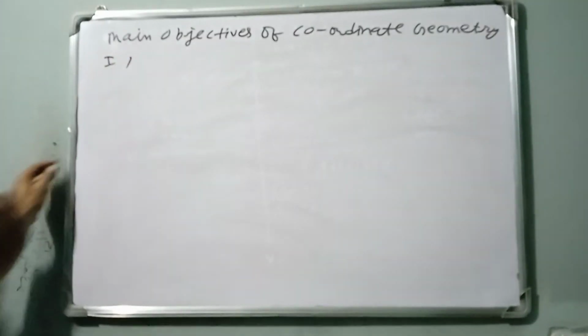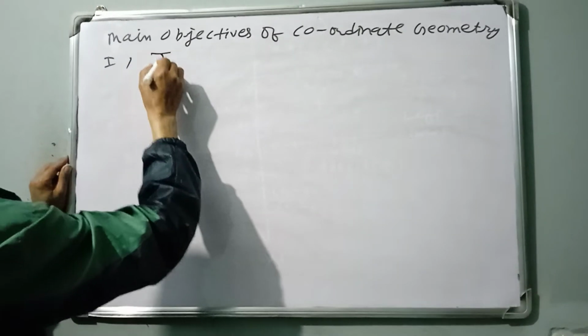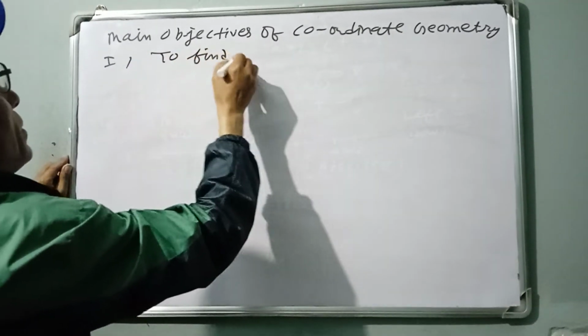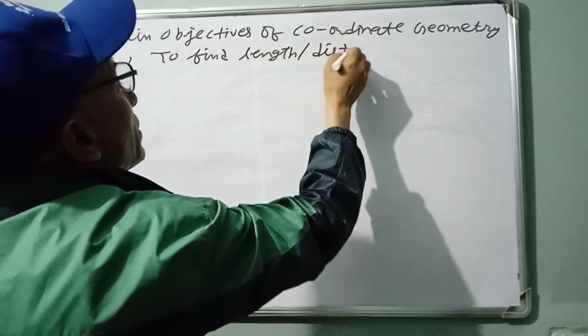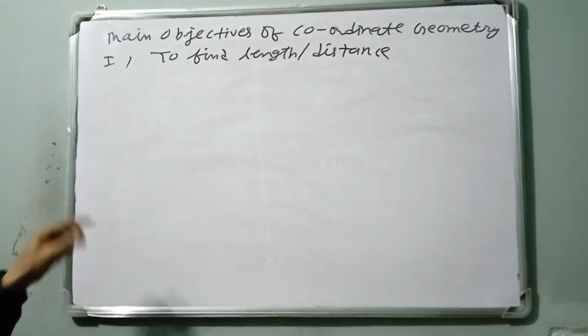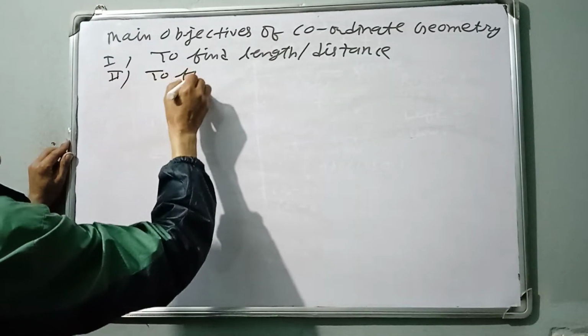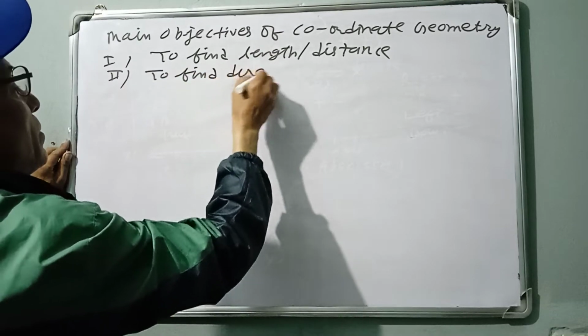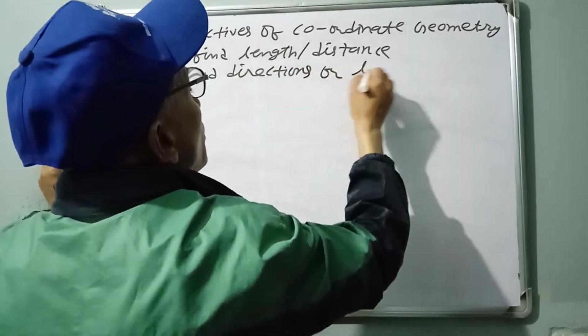Number one, the main objective: why do we study coordinate geometry? The main aim is to find the length or distance between any 2 points. Another, to find directions or locations.